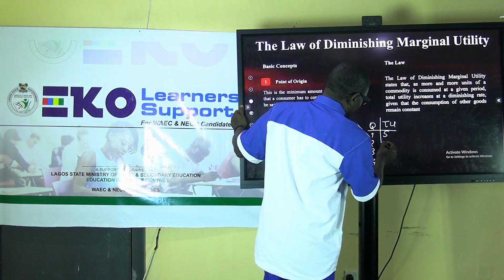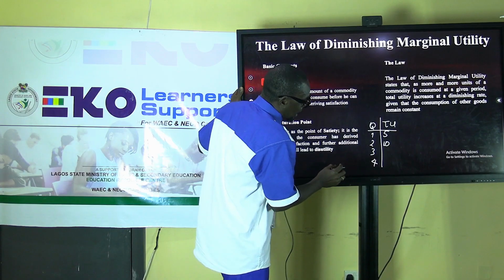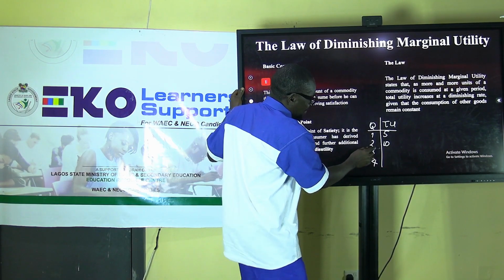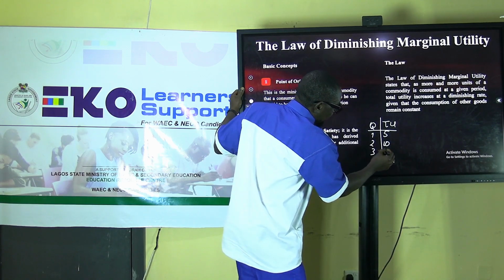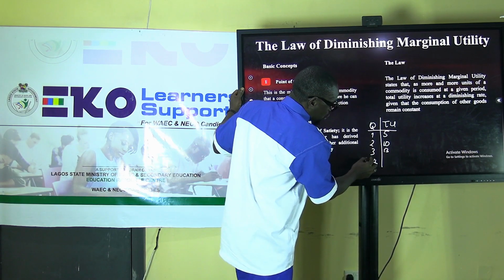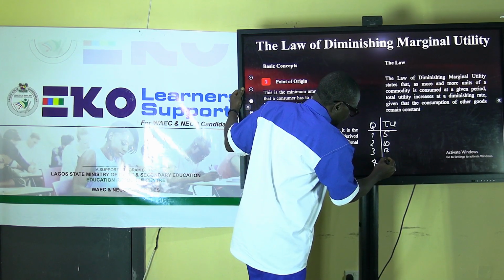The total utility when you consume 2 is 10. That's to say that total utility increases from 5 to 10. By the time I'm consuming 3, total utility could be 13. By the time I'm consuming the 4th one, total utility could be 14.